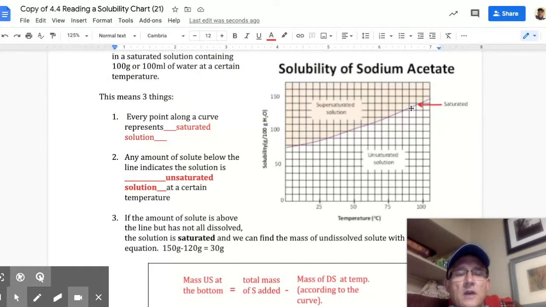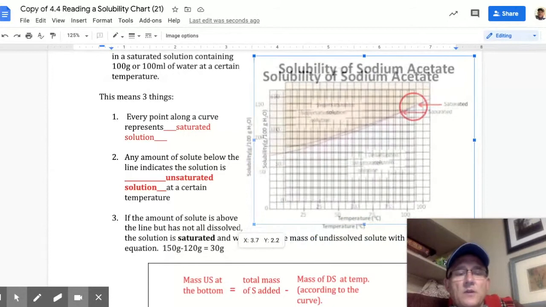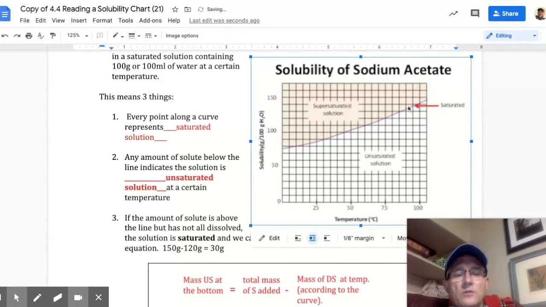So what's going on when we have a saturated solution, say 100 milliliters of sodium acetate at 100 degrees Celsius? What happens when it cools? Well, when it cools and goes down this curve, you're going to end up getting a saturated solution that becomes less saturated.